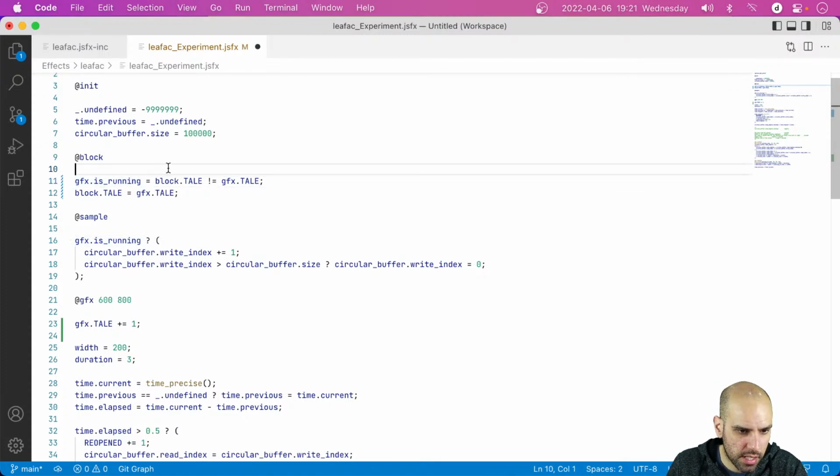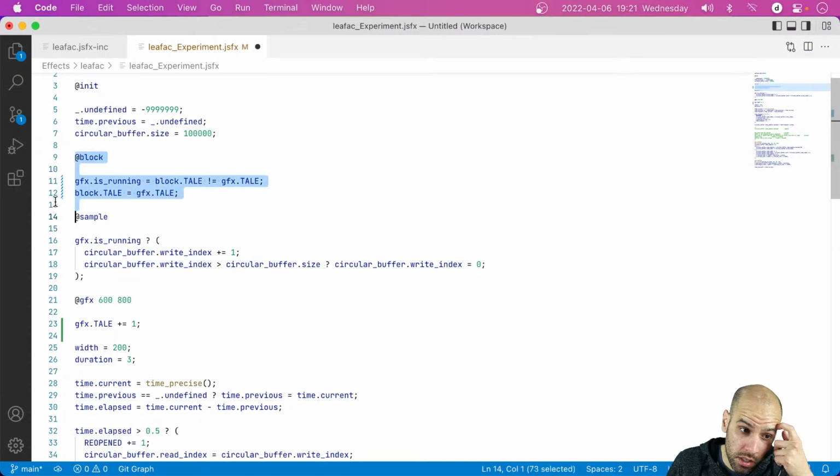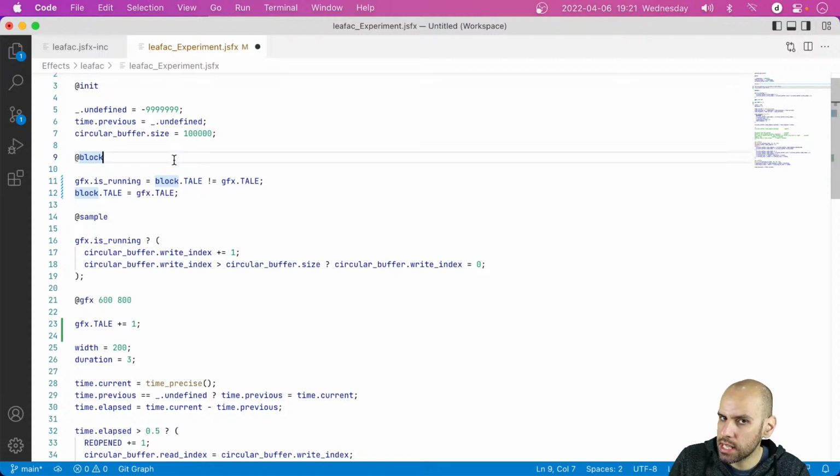well, this is just telling me that the GFX block has just run since the last time that we ran the block. That's all it means. But we are not interested in necessarily knowing when the GFX block has just run, though that is kind of useful.